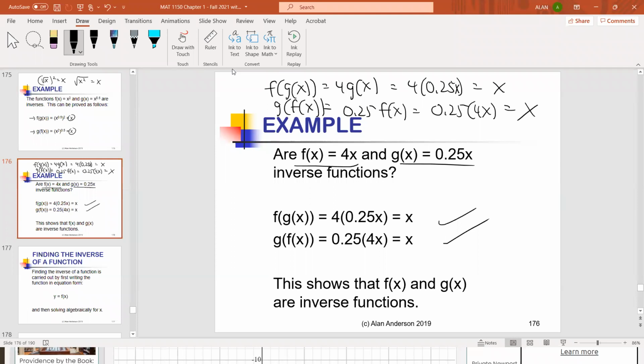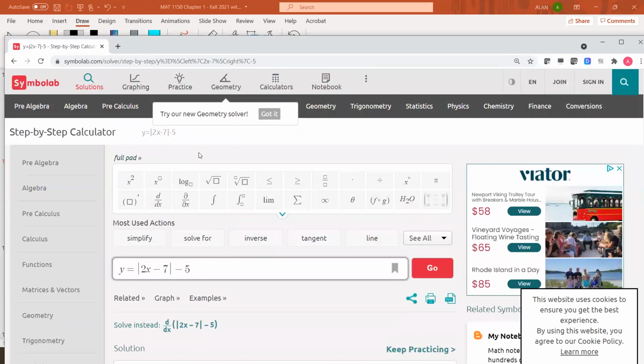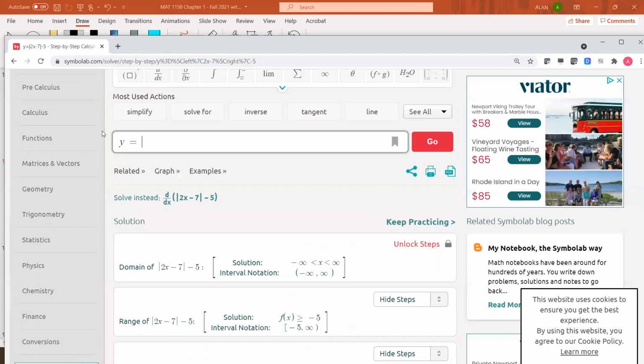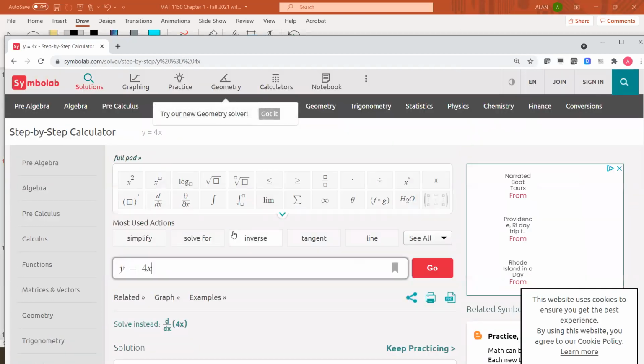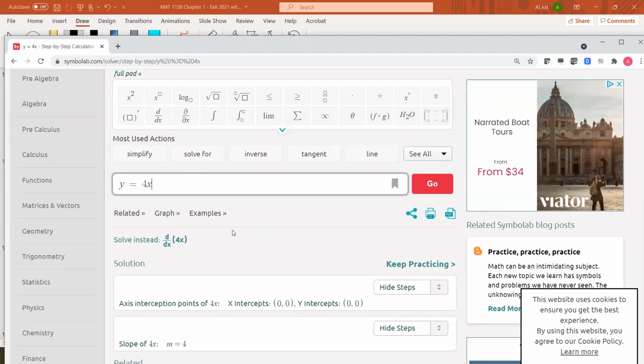Now, I don't know if Symbolab is capable of doing 2 functions at a time. Let me just check this out. That would be helpful. If y equals 4x, geez, I don't know.